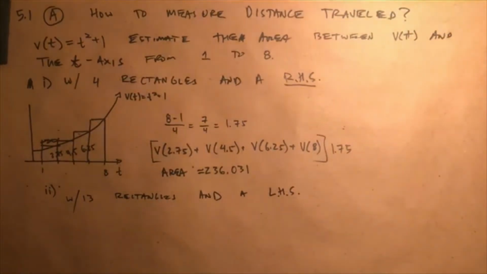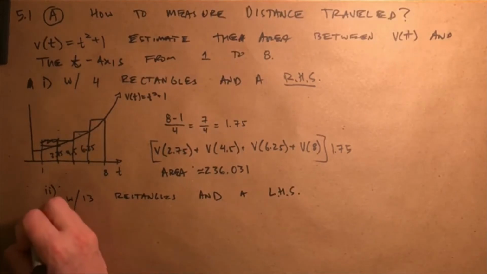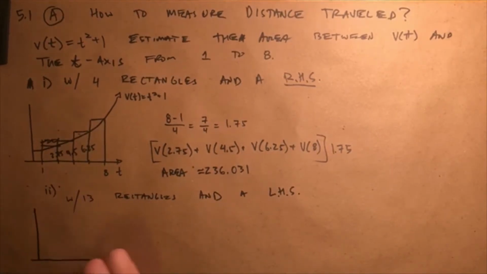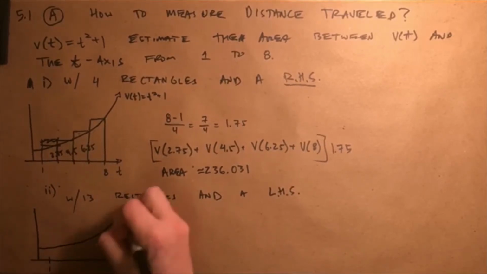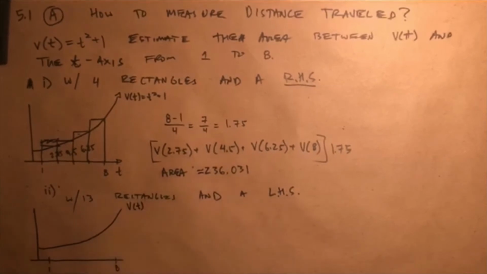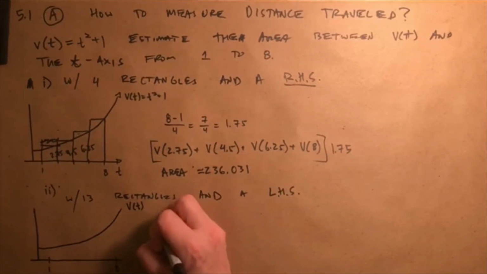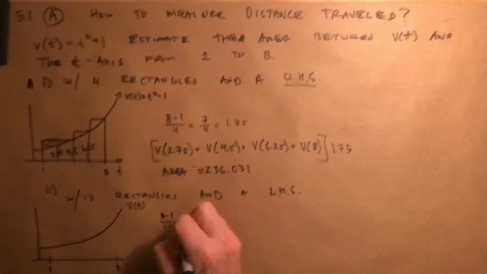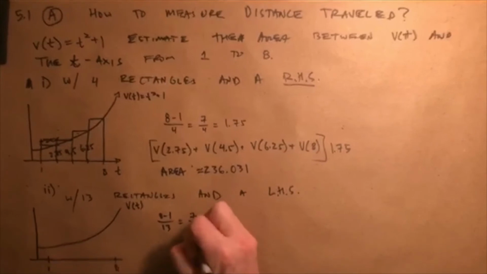But, I mean, it's a process, right? And we should be able to think our way through the process. We're going to start at 1. We're going to finish at 8. We have our function v of t. And, of course, we have to start out with the width of our rectangle. And the width of our rectangle will be 8 minus 1 over 13, which is going to be 7/13.